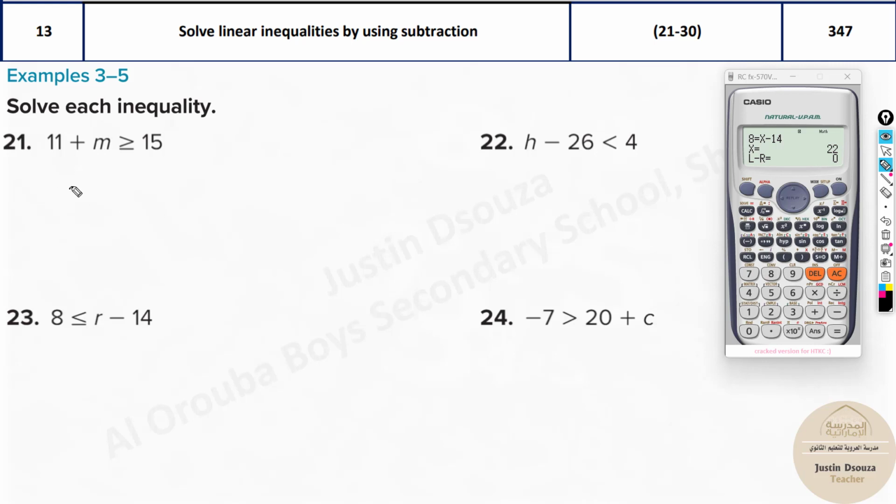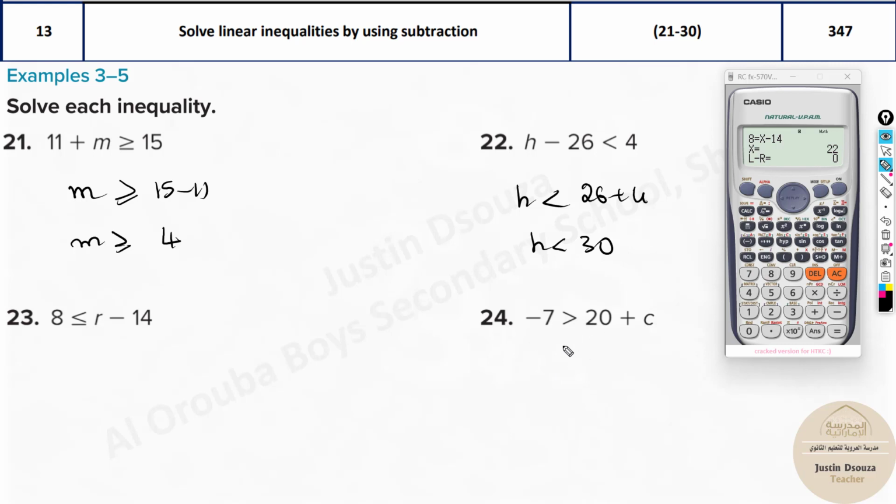Leave the variable over here on the left side itself, greater than or equal to, this 11 goes to the other side, basically subtract 11 on both the sides, 15 minus 11. So m is greater than or equal to positive 4. Here 26 goes to the other side, h less than 26 plus 4, that is h less than 30.